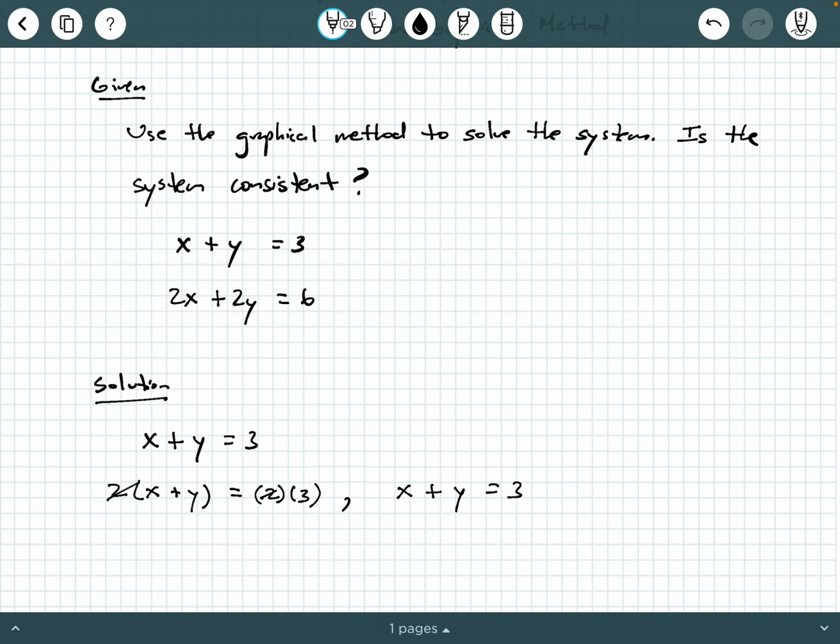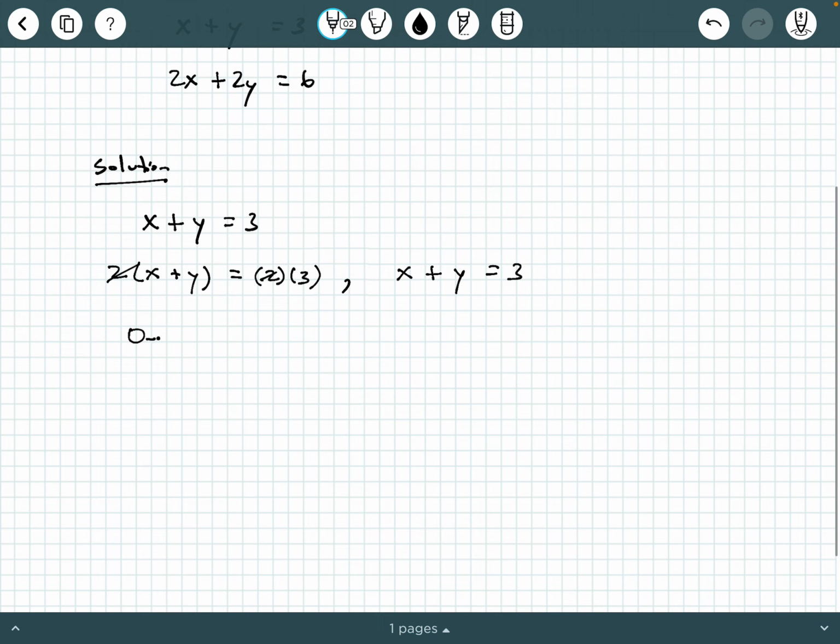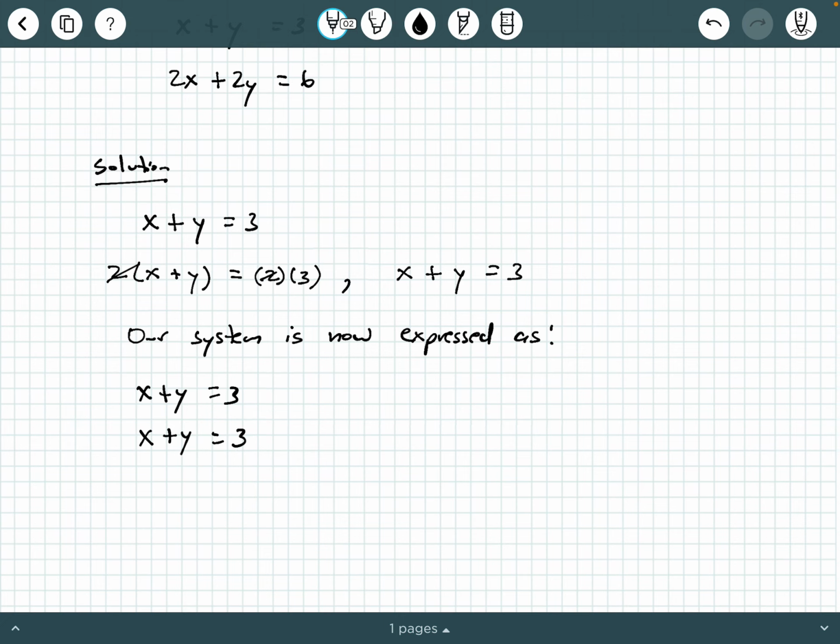So our system is now expressed as x plus y equals 3 and x plus y equals 3. So both of our equations in our system are identical to one another. So you should make a note of that. See what's happening here, okay? Let's keep moving forward, though, with the graphical method and see what comes of this.